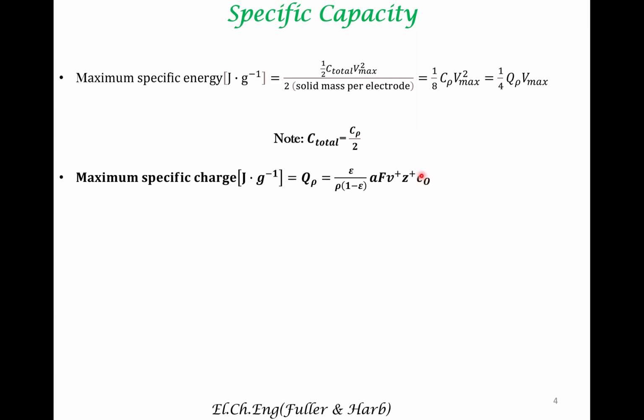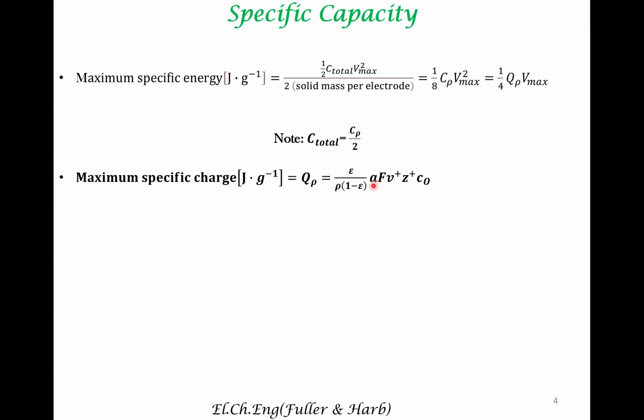So what is C0? C0 is the concentration of the ions in the electrolyte. This is the dissociation constant. V plus times C0 would give you the amount of positive charge available in the electrolyte, the number of positive ions available, and Z plus is the valency times F will give you the total amount of charge.